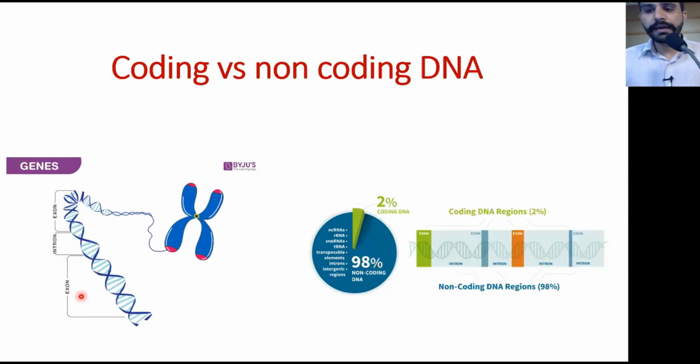These genes have exons and introns, and only 2% of the total DNA in most eukaryotes gives rise to proteins. And the other 98% is non-coding. It can be ribosomal RNA, small nuclear RNA, or transfer RNA, transposable elements, intergenic regions, and introns.